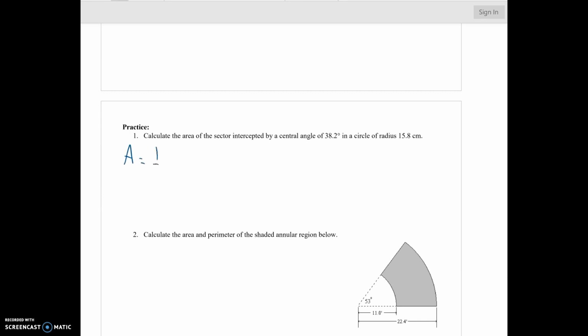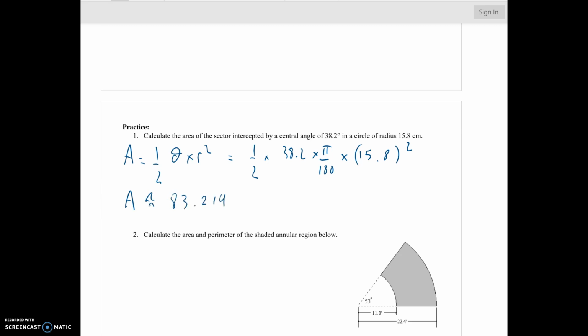A is equal to 1/2 of theta multiplied by r squared, which is 1/2 multiplied by 38.2 degrees multiplied by pi over 180 to transform my theta into radians. Then I multiply by 15.8 squared.